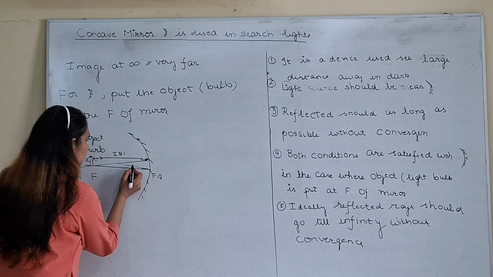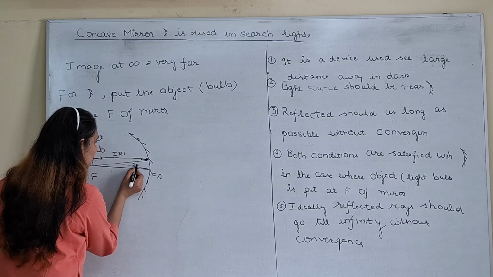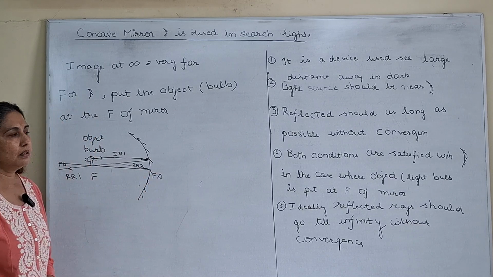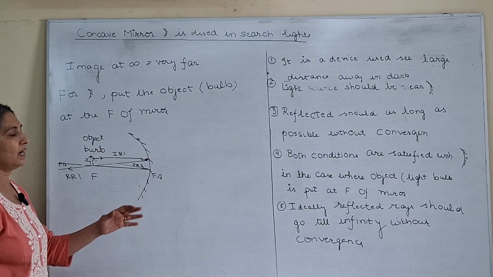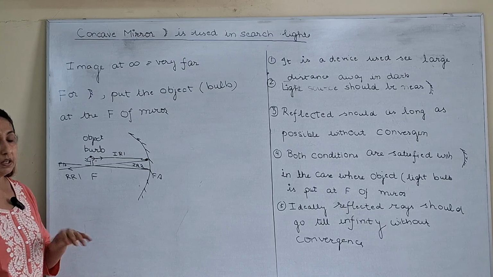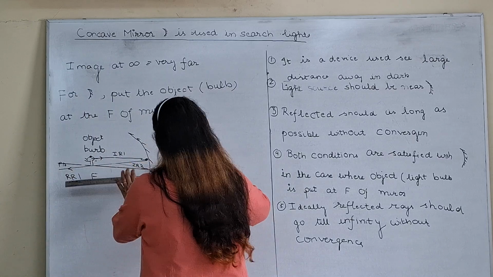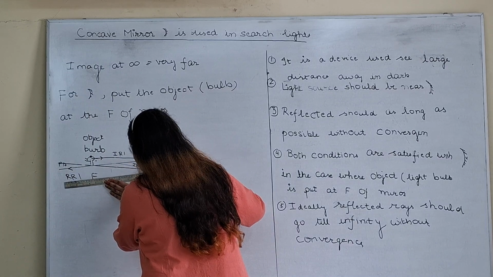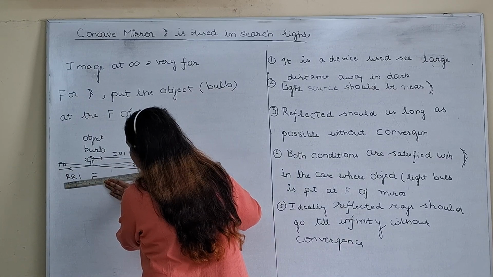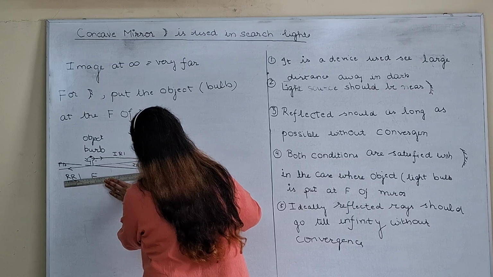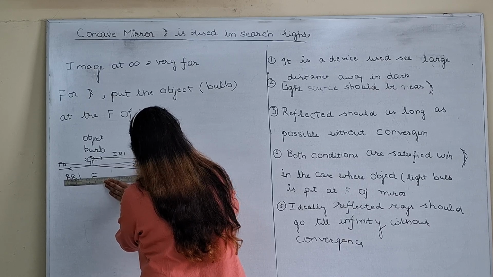This is incident ray 2, which was incident at pole. Now when such a condition happens, the reflected ray also has the same angle. This is the point of incidence.